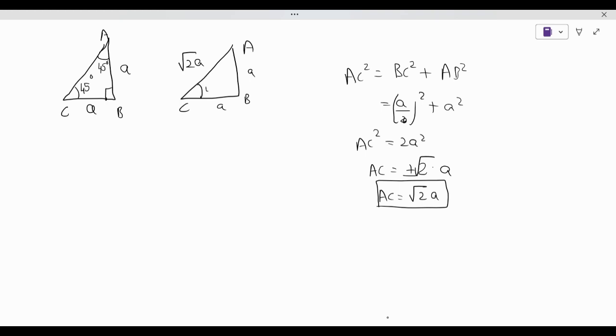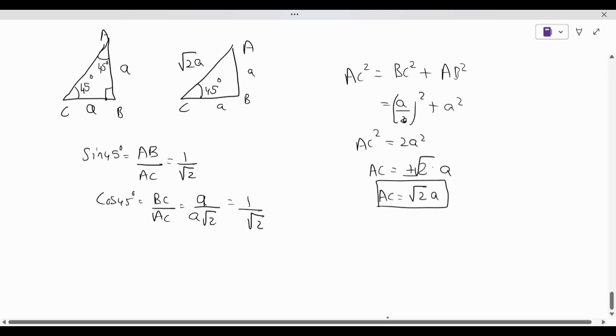So this is root 2A. I'm going to use only 45 degrees here. So what is sine 45? Sine 45 is equal to AB by AC, which is equal to 1 by root 2. Cos 45 equal to BC by AC, which is equal to A by A root 2, which is equal to 1 by root 2.